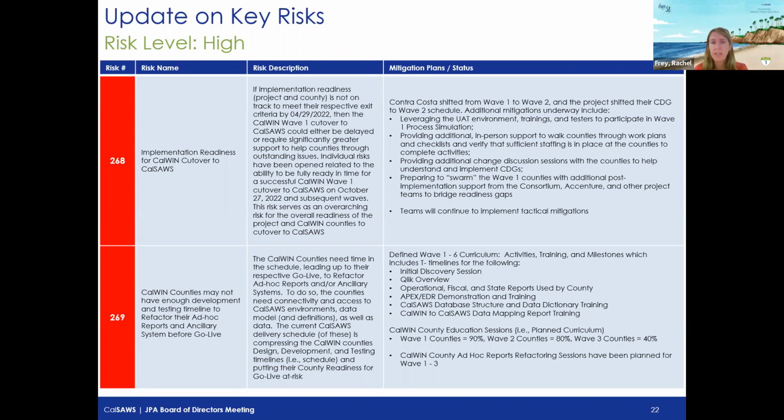So 268, just for reference, we're using this to continue to monitor all the risks that Arnold and I talk about on these calls, and that the team monitors on a daily basis as far as the migration effort is concerned.